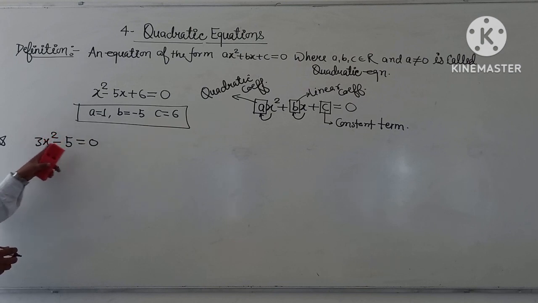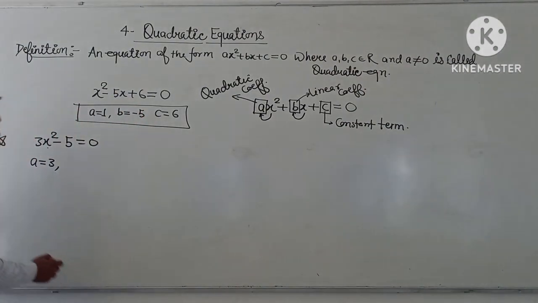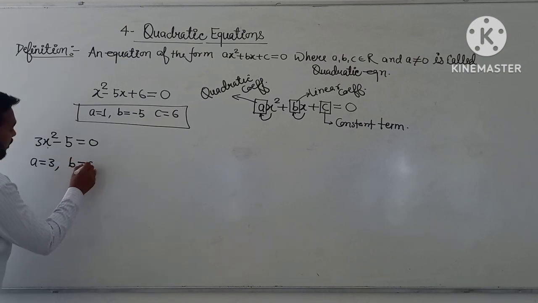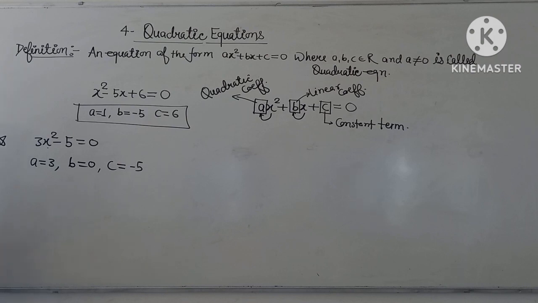It means this equation contains only two terms: the first contains x square, and the second is only a constant term. There is no term related to x, so there is no linear coefficient. So you will write b is equal to 0 and c is equal to minus 5. I think you can easily find the values of a, b, c in a given quadratic equation.